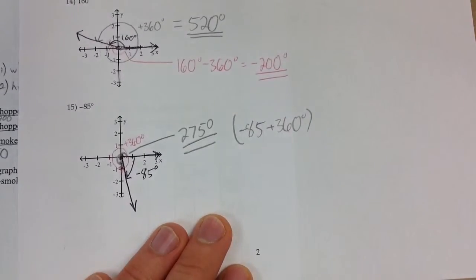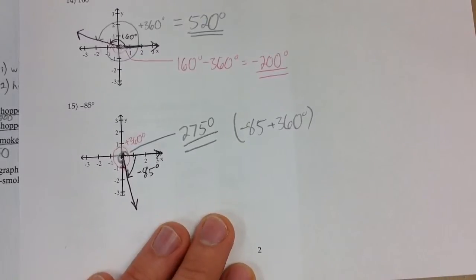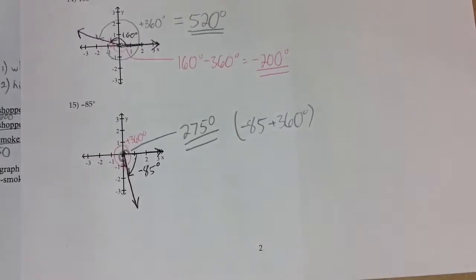Okay, another random person. Jessica. Could you tell me how to find a negative coterminal angle with negative 85 degrees? Okay, tell us how you got that. All right.